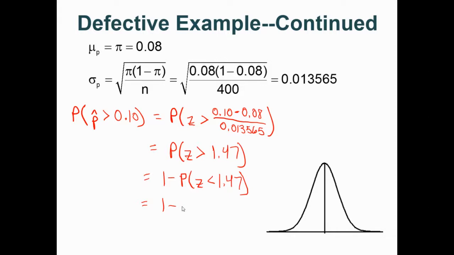So if I look up that value in my Z table, what should I find? .9292, that's right.